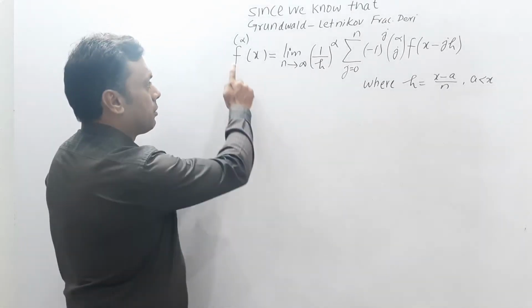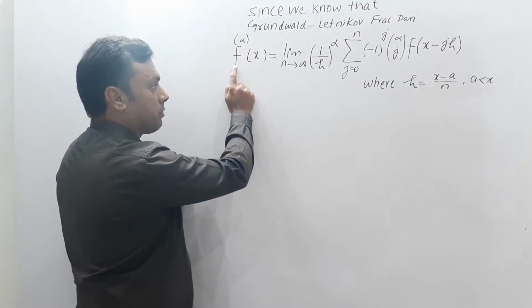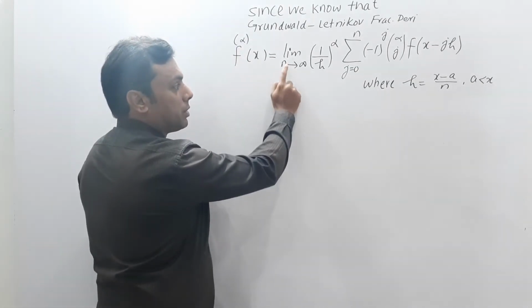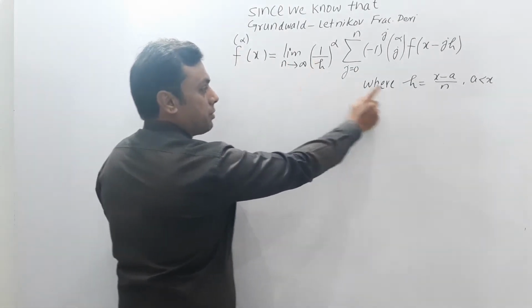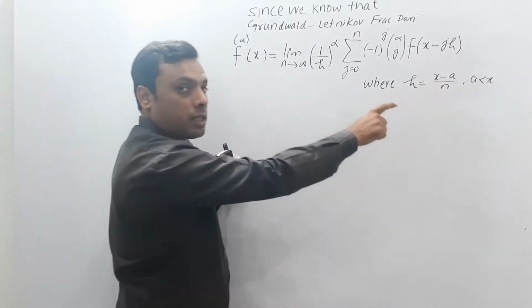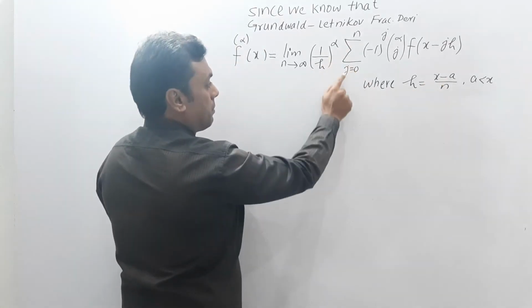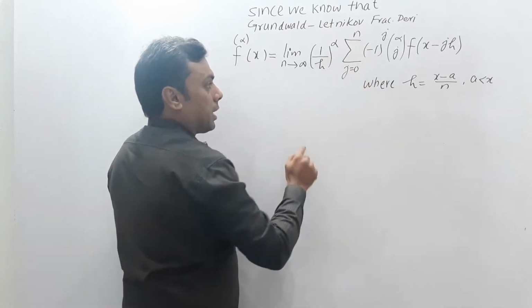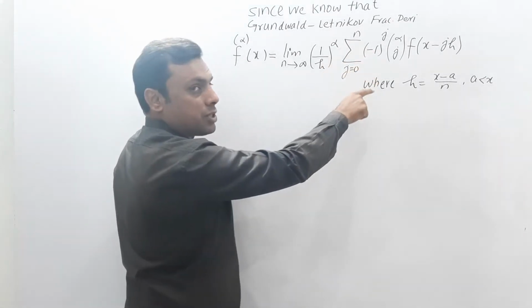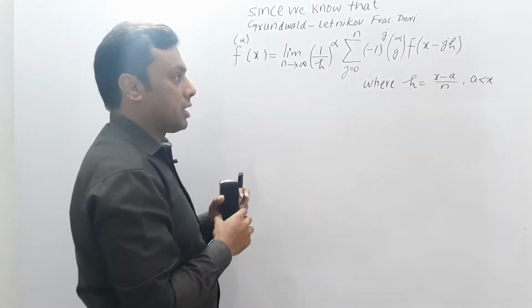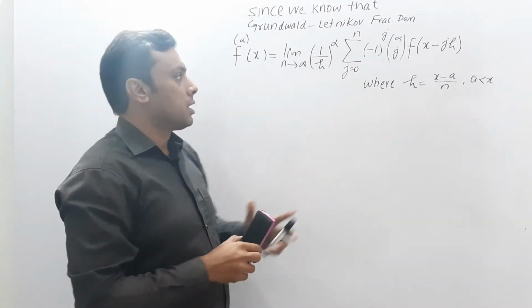So this is the alpha order derivative of a function, equal to the limit n tends to infinity of 1 over h to the power alpha, where h is x minus a over n, a is a constant less than x, summation from j equals 0 to n minus 1, of negative 1 to the power j, alpha C j, f of x minus jh. h is defined here.